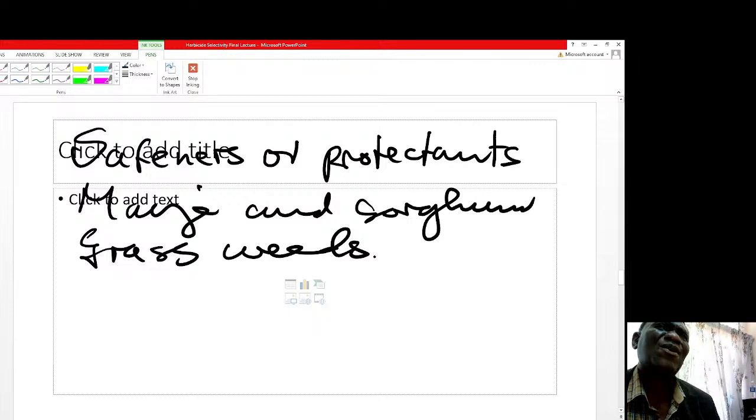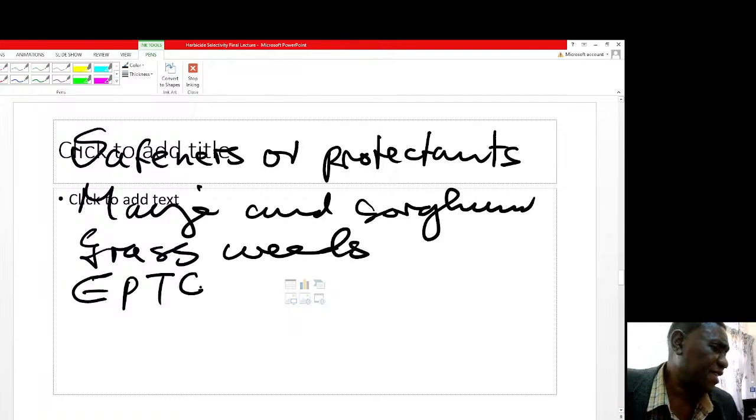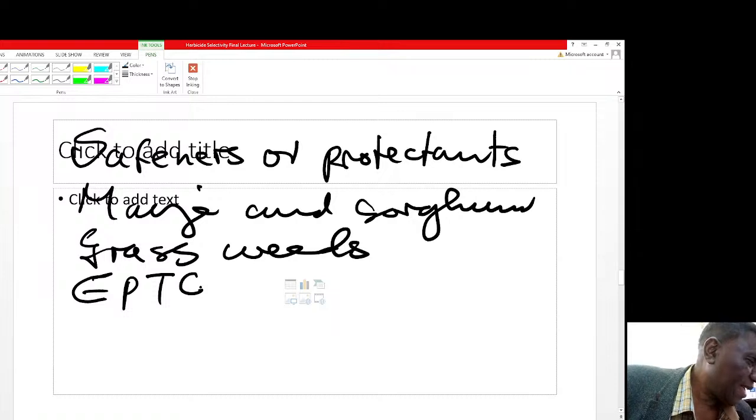Sometimes when we want to kill grasses, we limit our options in terms of herbicides. For example, in maize, we may want to use EPTC. This could kill maize, although it's an important herbicide.